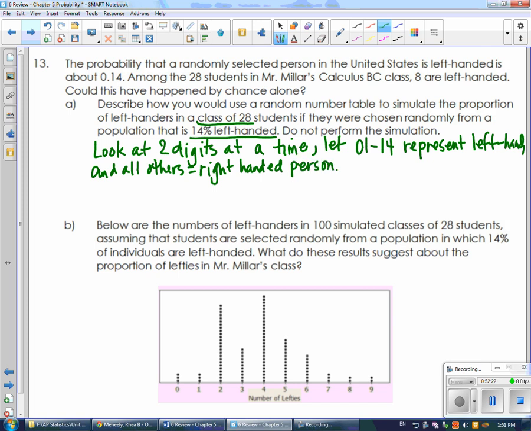what we would want to do is look at 28 pairs of numbers at a time, because that would represent the 28 students in the class. So look at pairs of digits to represent each student.